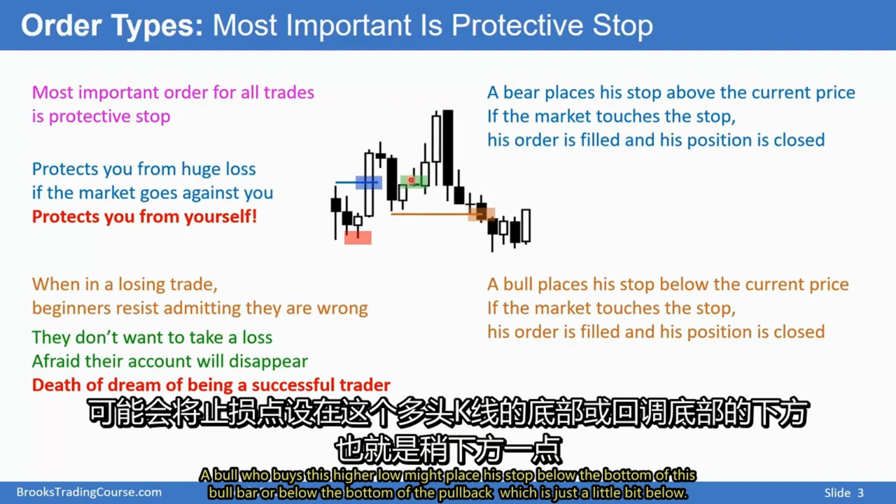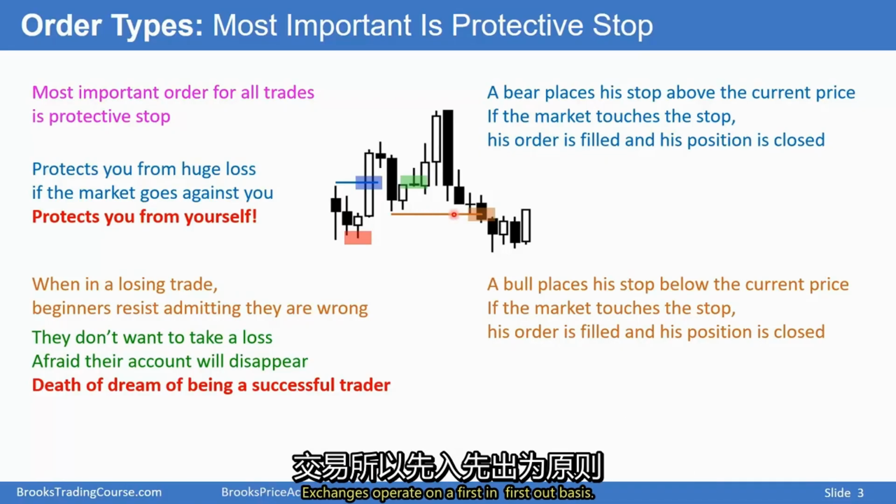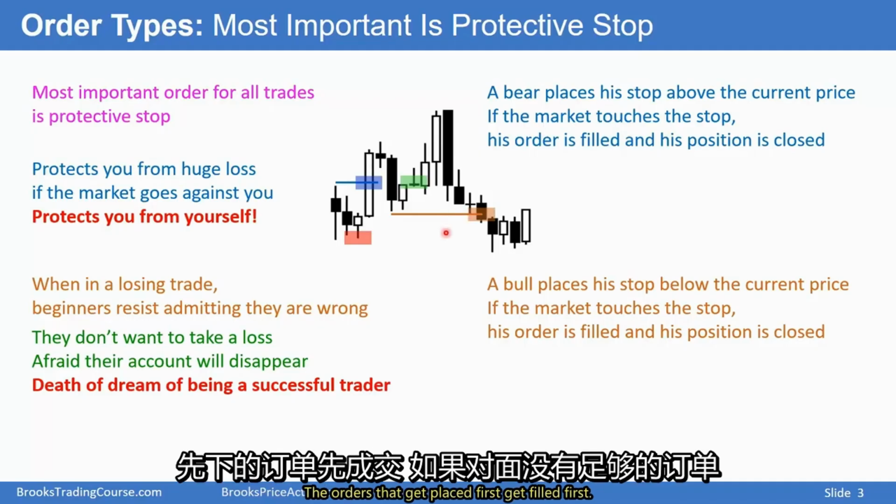A bull who buys this high or low might place his stop below the bottom of this bull bar or below the bottom of the pullback, which is just a little bit below. If the market touches that stop order, which is this gold line, his order becomes a market order and it gets filled immediately. Exchanges operate on a first in, first out basis.